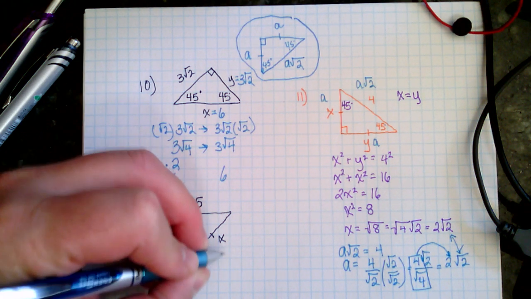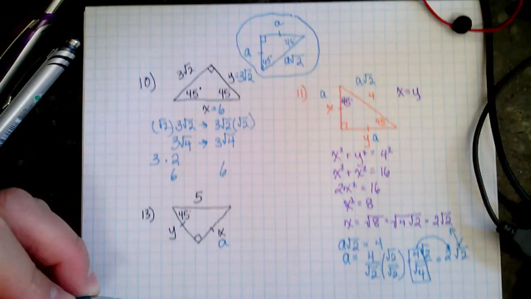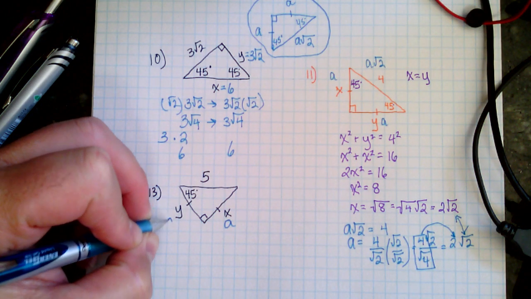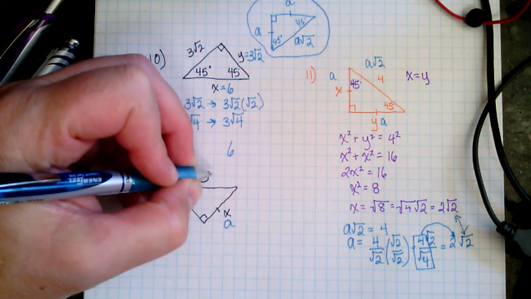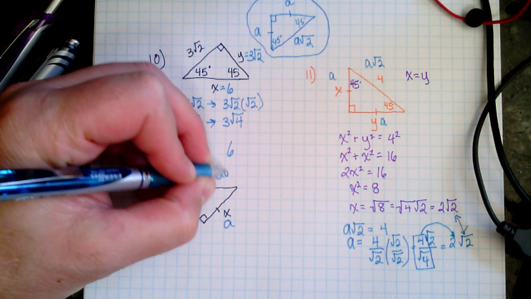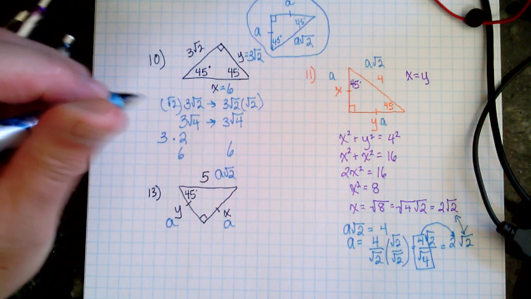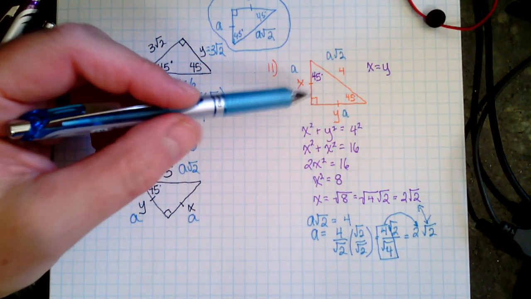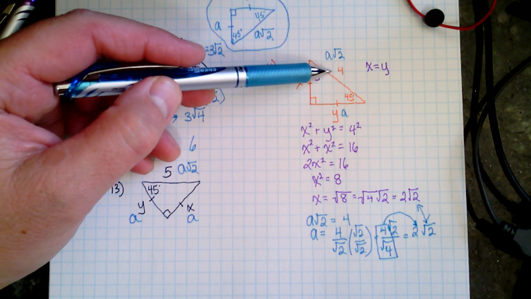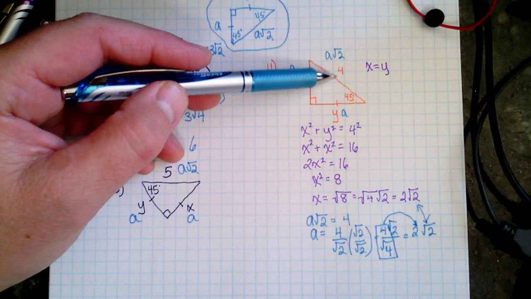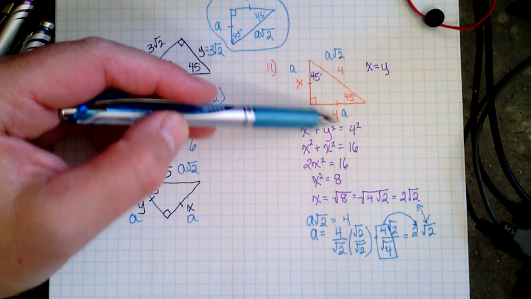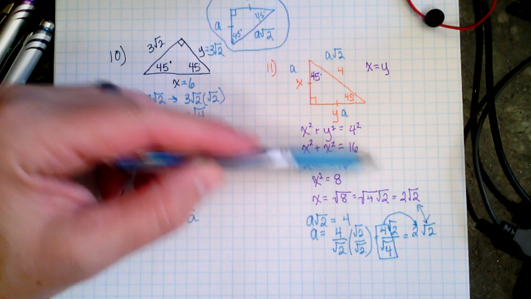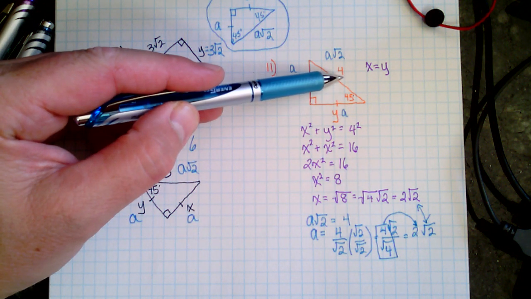This side would be the side that's A, which is equal to this side, which is A. And then this side is the side that's A root 2. If you go on the previous problem, you can find a pattern. See how this side was 4? Well, this side ended up being half the hypotenuse times root 2.